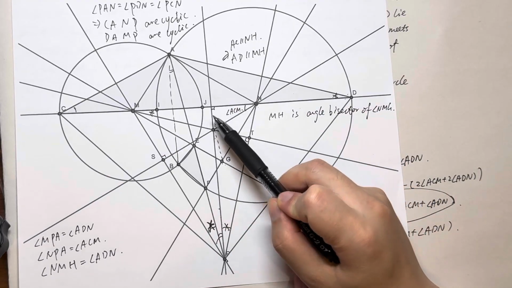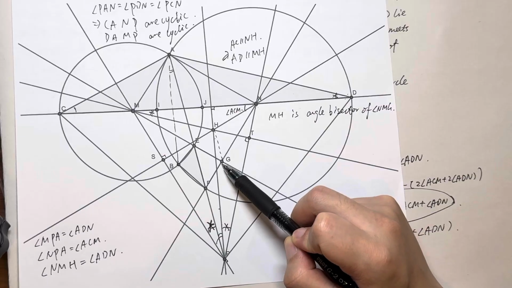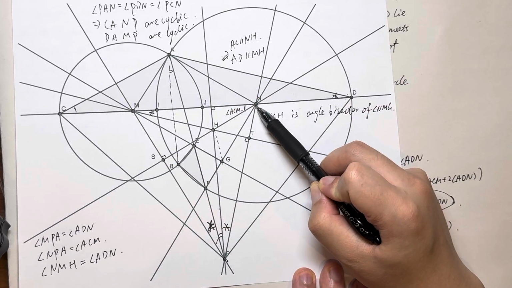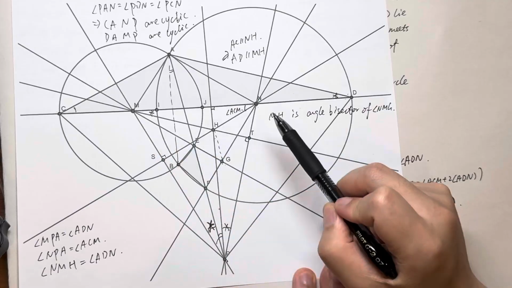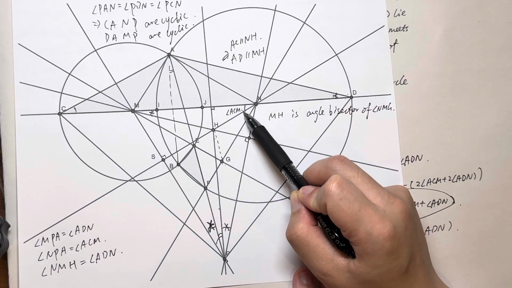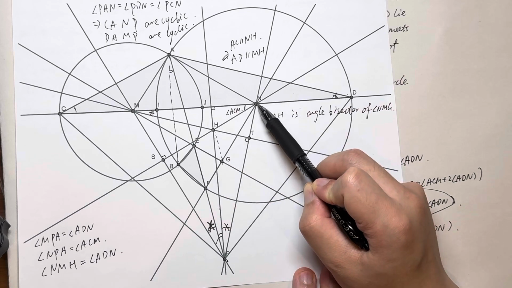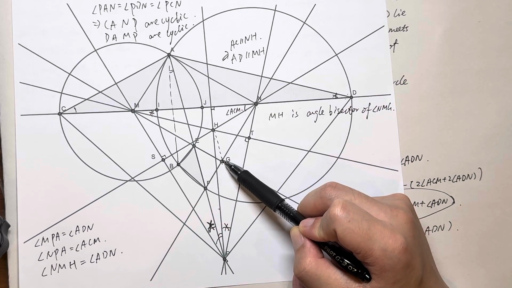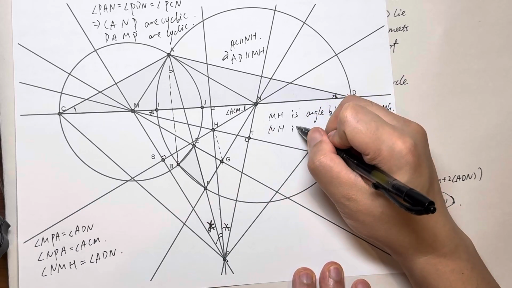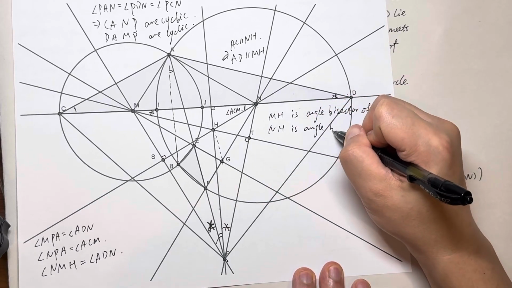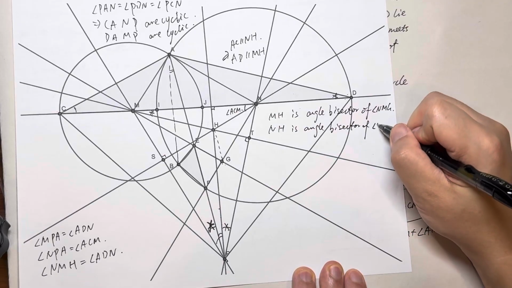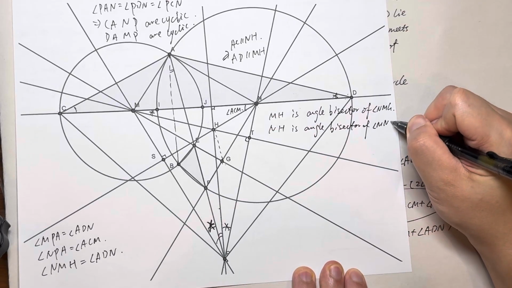Similarly, the angle MNG equals angle AMN, which is twice angle ACM. And we know that angle MNH is one ACM. So angle HNG is another angle ACM, which means NH is the angle bisector of angle MNG.